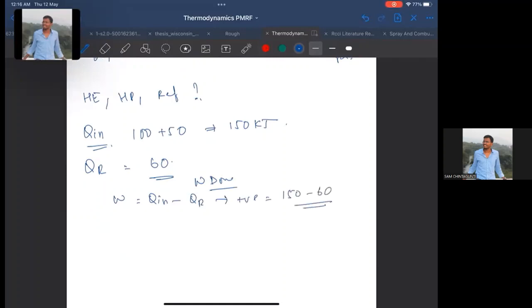So 90 kilojoules of work is being done. So this means that it is a heat engine, because in a refrigerator and heat pump, work is done on the system, and it is not work done by the system. So it is a reversible heat engine.